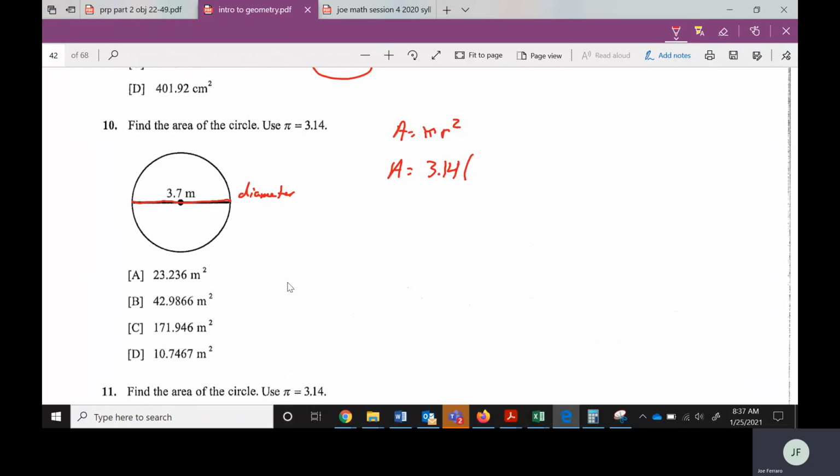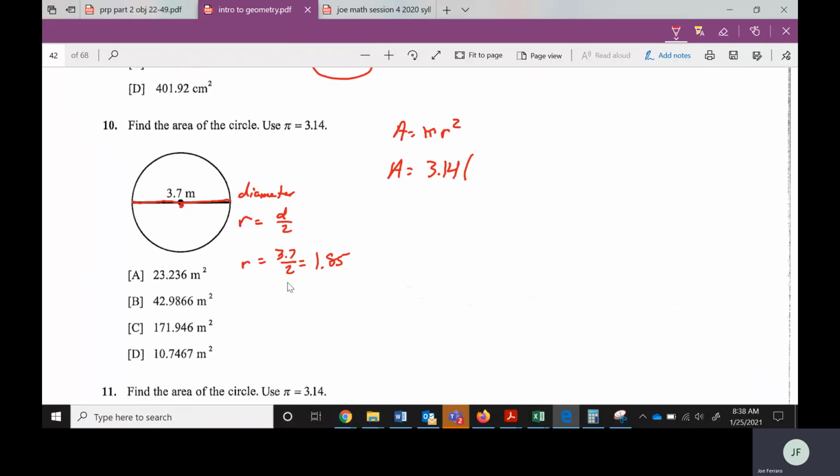Okay. So to get radius from a diameter, it's easy. You take the diameter and just divide it by 2. So to get our radius, we do this and we get 1.85.